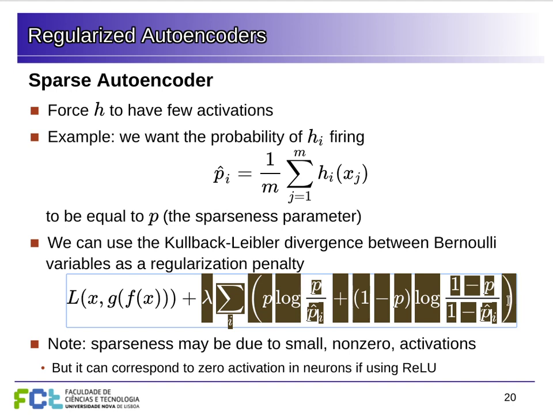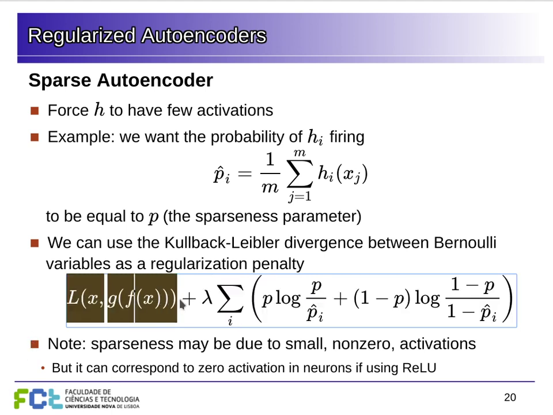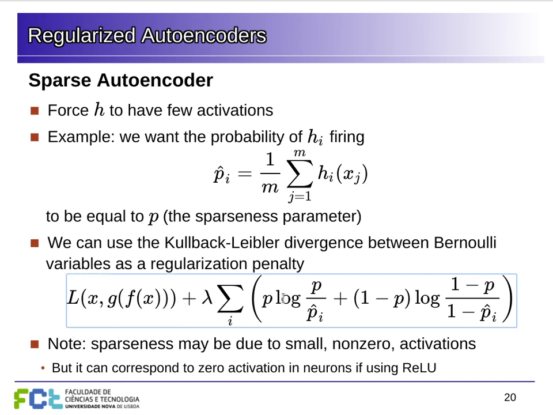And so the network must at the same time try to minimize the loss function here and try to make it so that on average the number of active neurons in the hidden layer is as close as possible to that P probability that we are imposing. If we are using, for example, sigmoid activation in the hidden layer, then we can get this sparseness just by having very small activations.